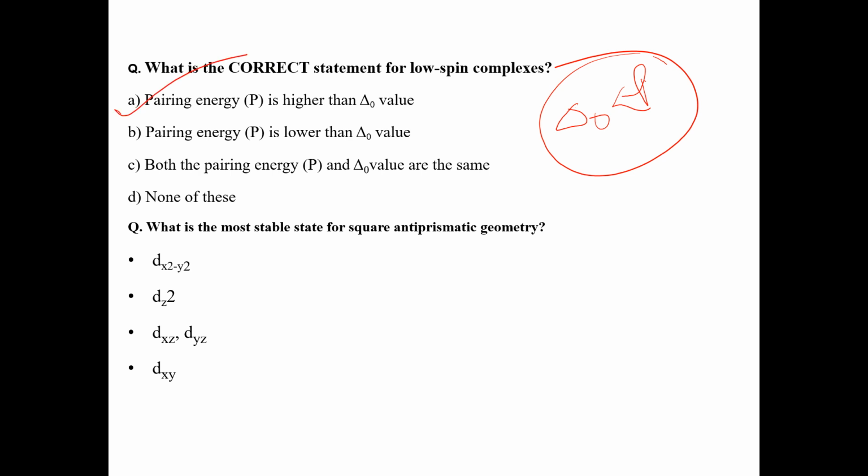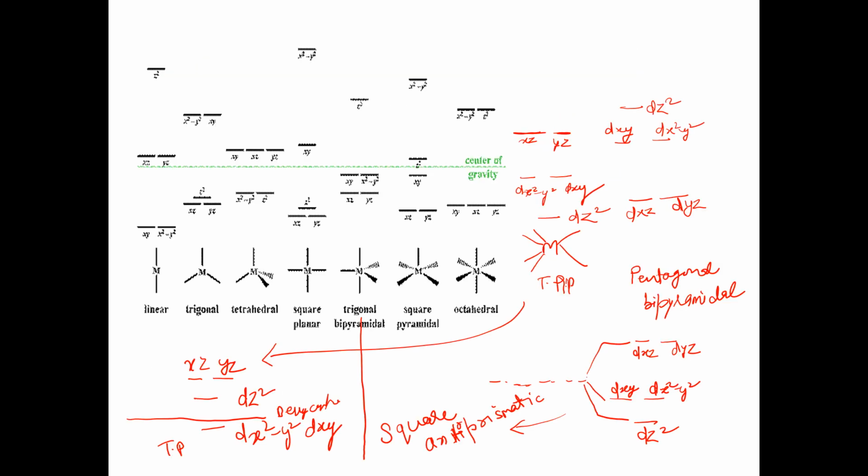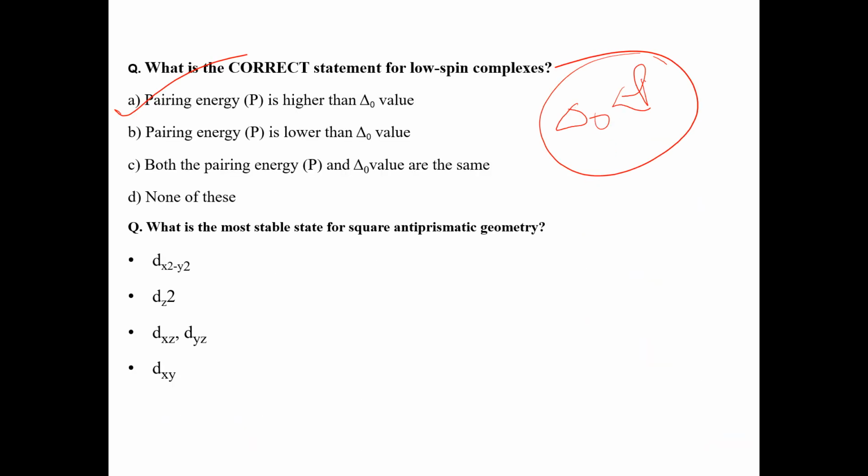And what is the most stable state for square antiprismatic geometry? So here the solution I think I have already explained. You can see that particular video. So you can see the dz square orbital is stabilized here.